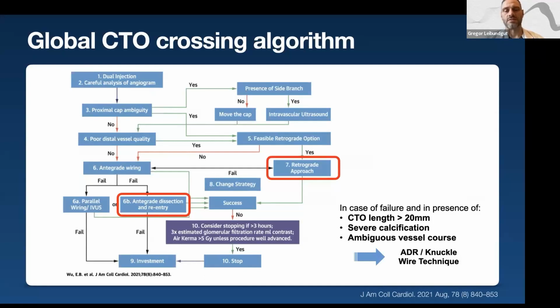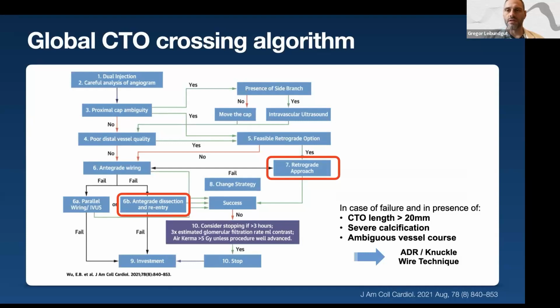And if this is wire-based, you will be using knuckle wiring. And also in retrograde approaches, usually when you cannot retrograde wire the true lumen, we usually use reverse CART maneuver, and the latest version would be with the retrograde knuckle coming from the subintimal space and entering into this subintimal space opened up by the antegrade balloon.